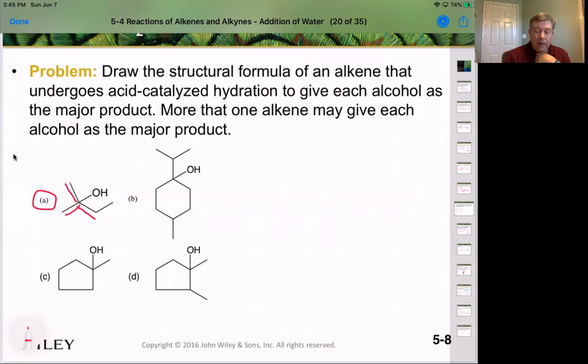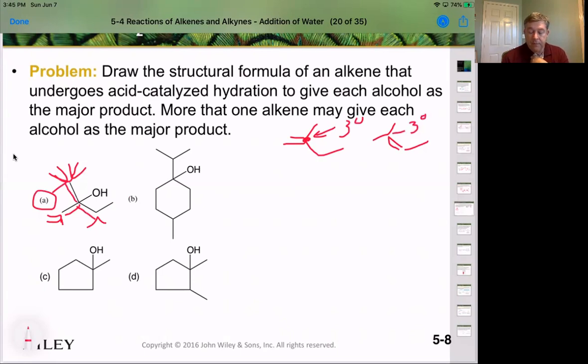Either way, the hydrogen would be going to the least substituted carbon, the one with more hydrogens on it. So our 1 could be this compound or this compound. Both would give a tertiary carbocation at this center, giving us our tertiary alcohol.